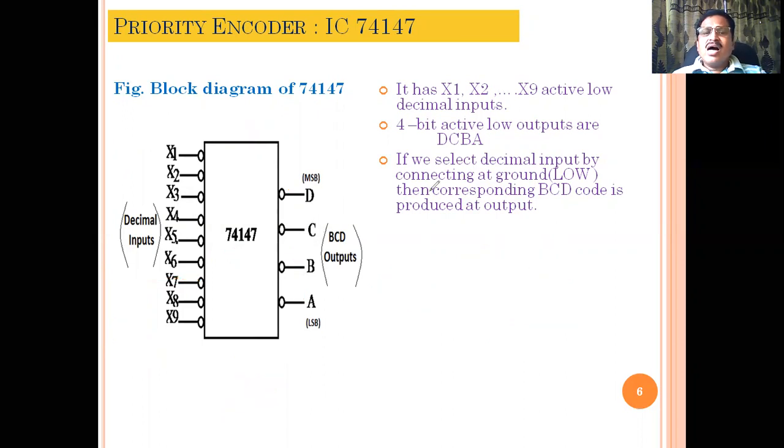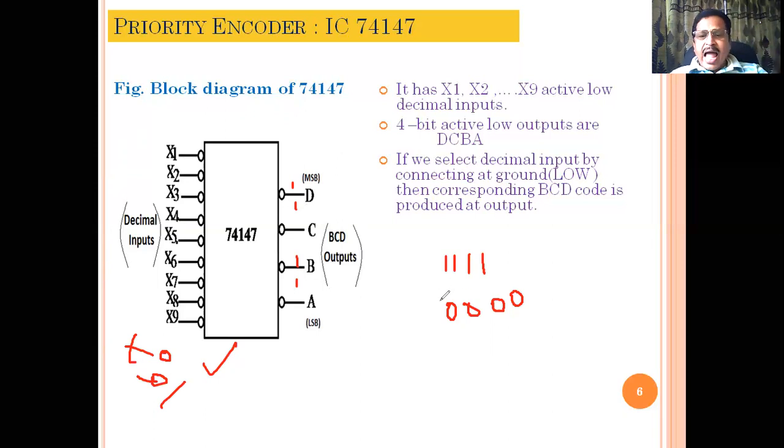Now, a question is left: how can I apply the 0 input? Suppose at present all decimal inputs are open, right? No one is selected. It means decimal 0 at the input will be selected automatically. X0 will get selected automatically if none of the inputs is applied. In that case, the output BCD comes as 1 1 1 1, the inversion of all 0s, because D bar, C bar, B bar and A bar all become 1 with the inversion.